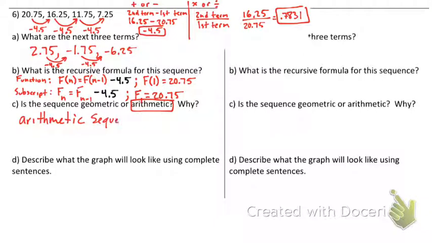And how do I know? Because I have what is called a common difference. That's a fancy way of saying I'm adding or subtracting to get to the next guy. I have a common difference of negative 4.5.